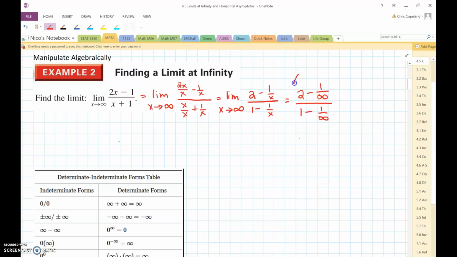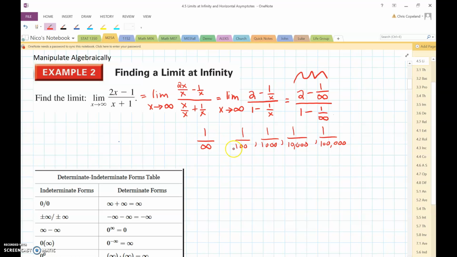This notation is not correct, but let's take a look. 1 over infinity is like 1 over 100, or 1 over 1,000, or 1 over 10,000, or 1 over 100,000.